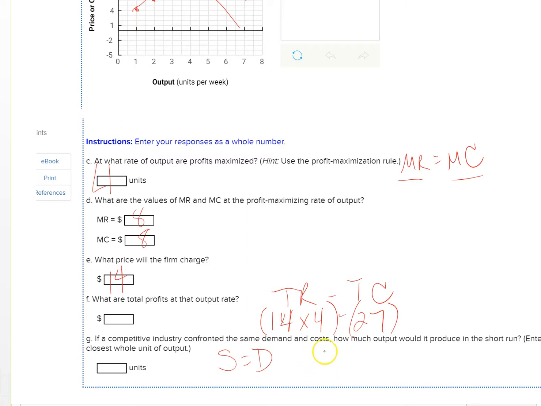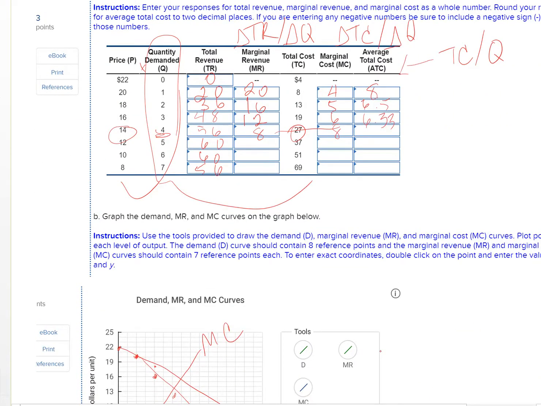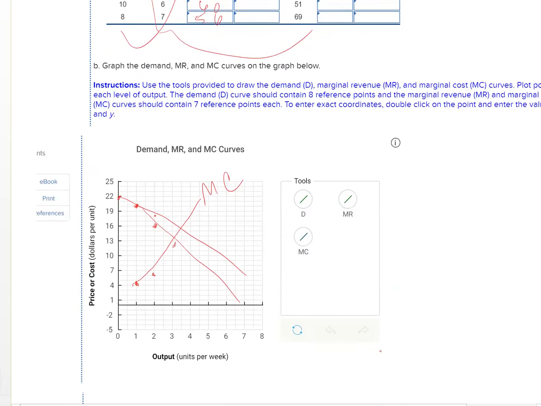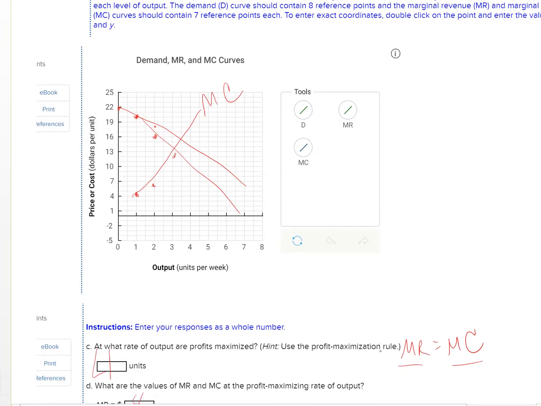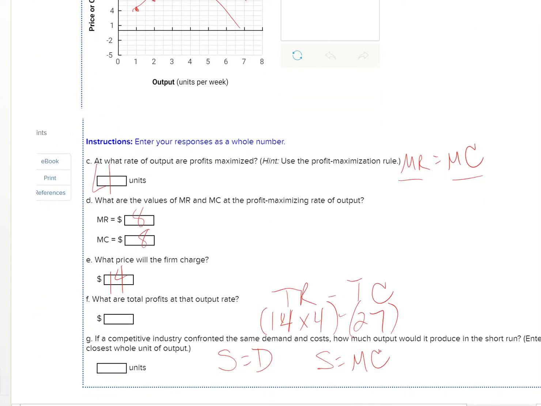However, for the firm, supply is equal to the marginal cost curve. So you're going to find the point where marginal cost is approximately equal to demand. So you can use that numerically, or you can do it from your graph. But you should be able to see between two values where one is equal to the other approximately.